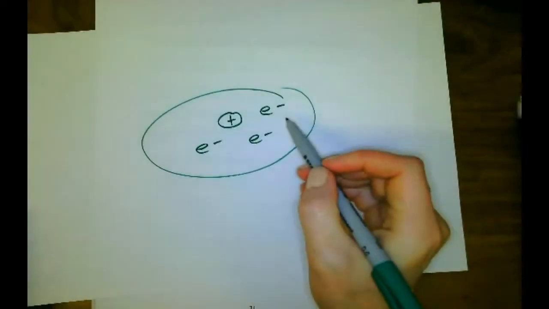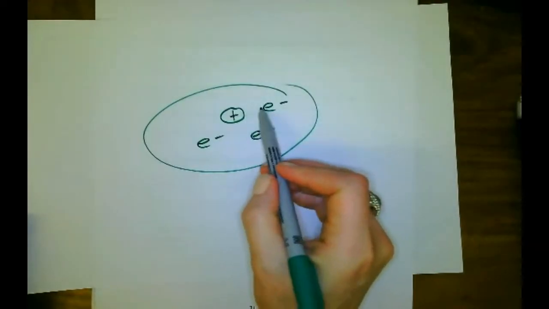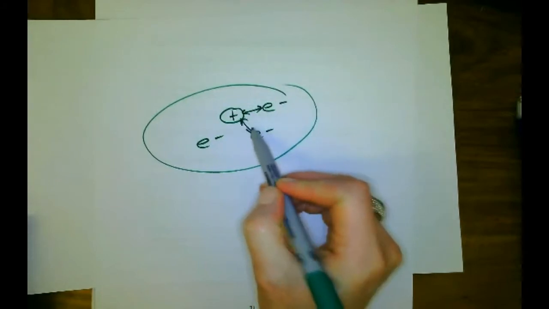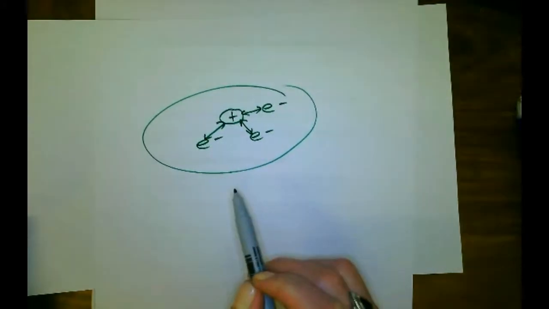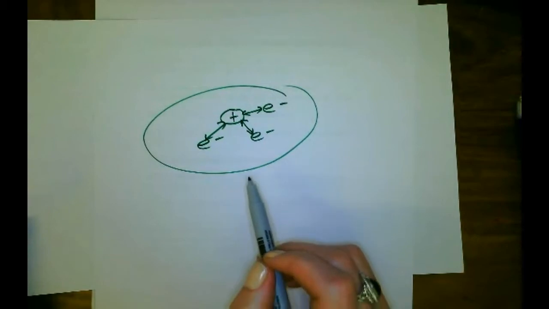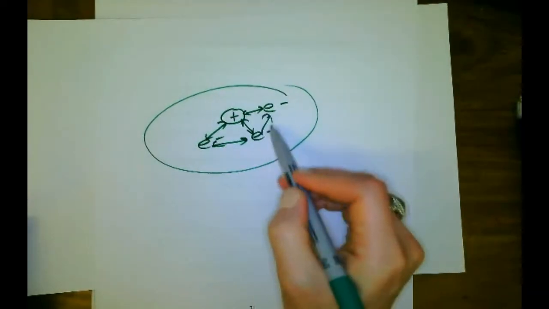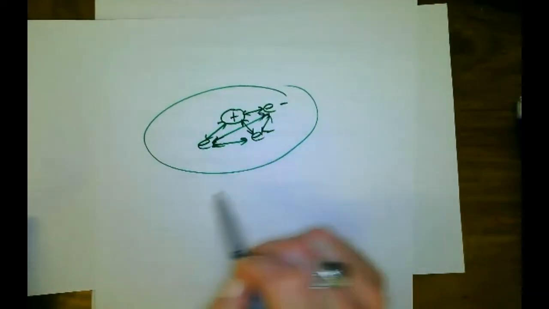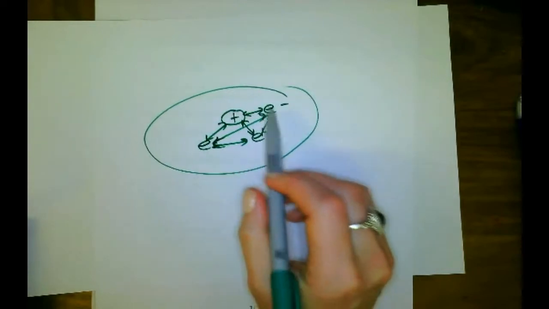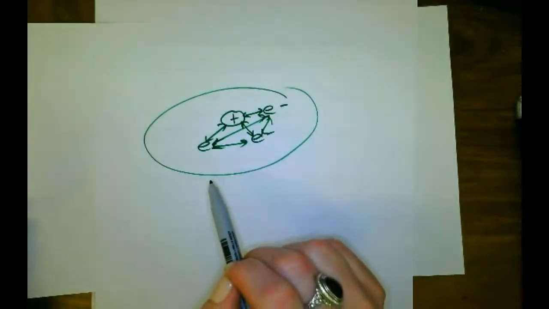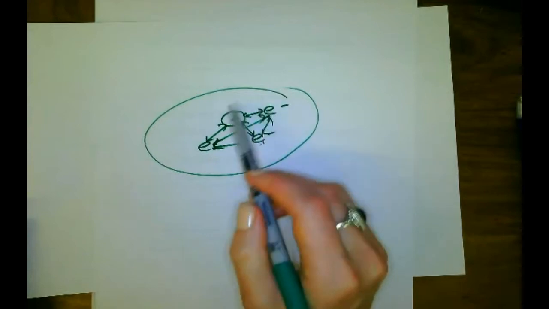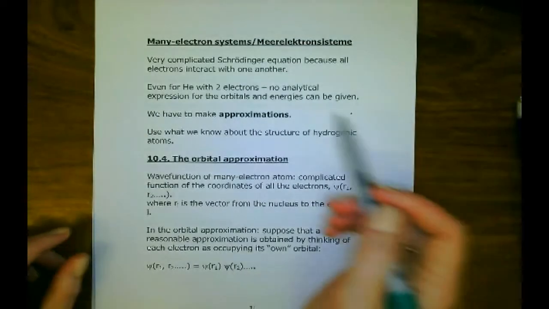Why? Well, firstly, you have interactions between each of these electrons and the nucleus that you have to take into account. But you also have interactions between all of these electrons. So the number of interactions that you have to take into account is very complex, and this is a dynamic system. These electrons are moving the whole time.